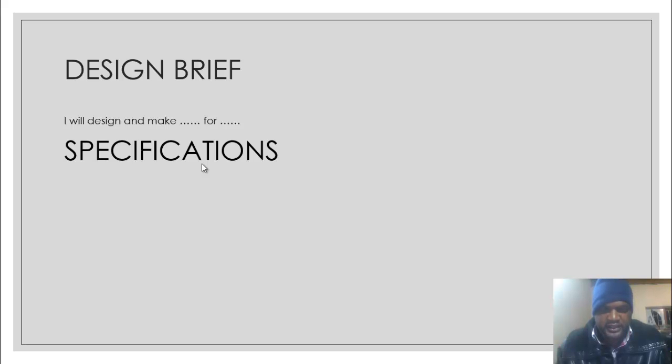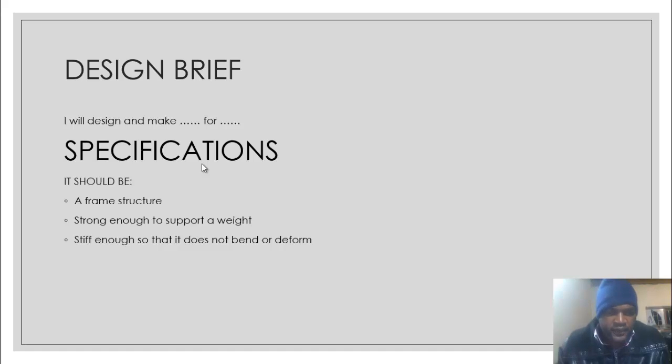And then we've got our specifications. Under specifications, this is basically what it is that you're going to do. You are guided by these specifications, so you need to be referring to them from time to time, making sure that you don't go off course. So it should be, 1, a frame structure. 2, strong enough to support a weight. 3, stiff enough so that it does not bend or deform.